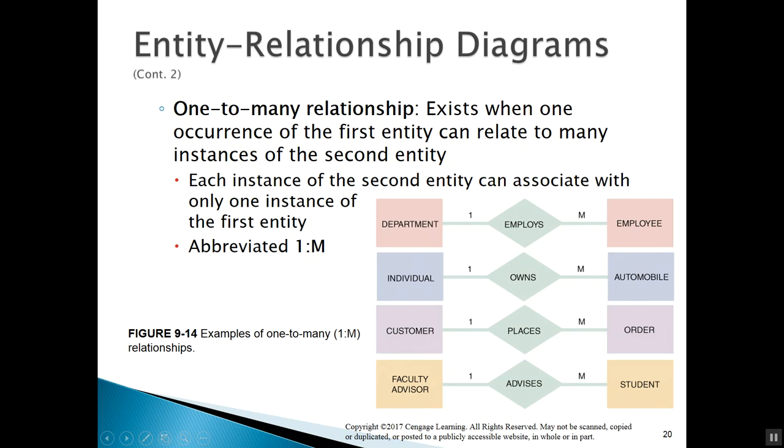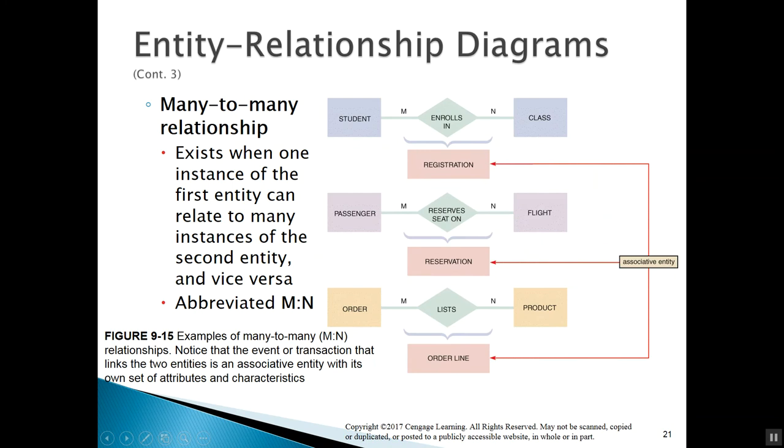One department employs many employees. One individual owns many automobiles. That's a one-to-many relationship. There are, in fact, many-to-many relationships. And that's abbreviated M:N. And there's usually another table in between the two tables.